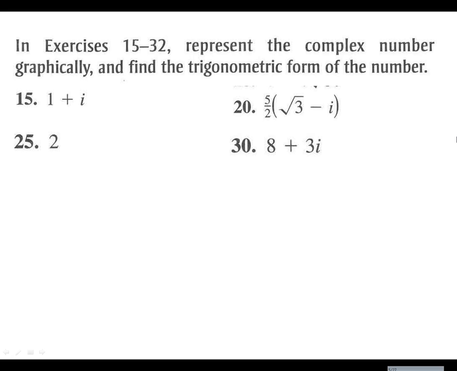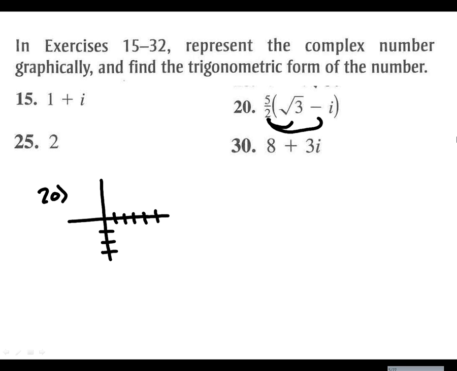Next problem, 20. We're going to do the same thing. It's a little more complicated, but not by much. We can distribute this 5/2 into both parts of our parentheses. So on 20, if we were to graph this, 5/2 times √3 is about 4.7. Put it in your calculator. And -5/2 is about -2.5.